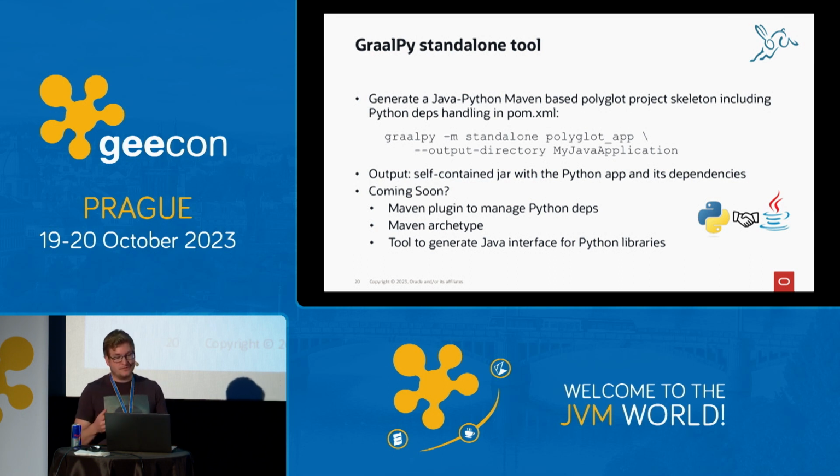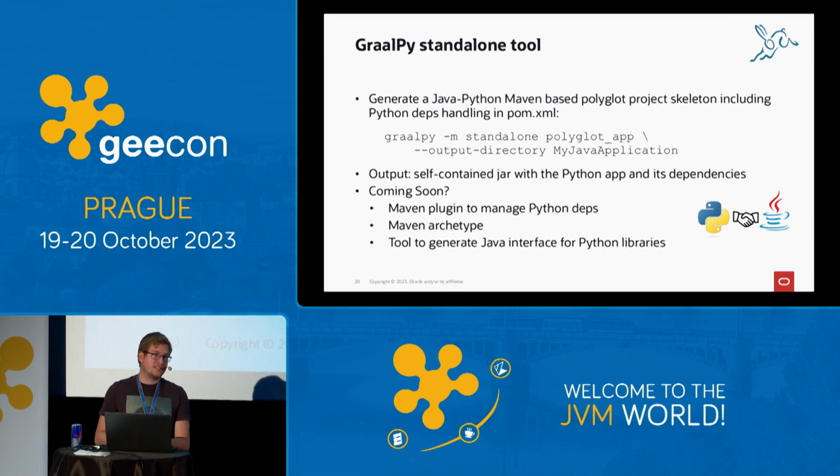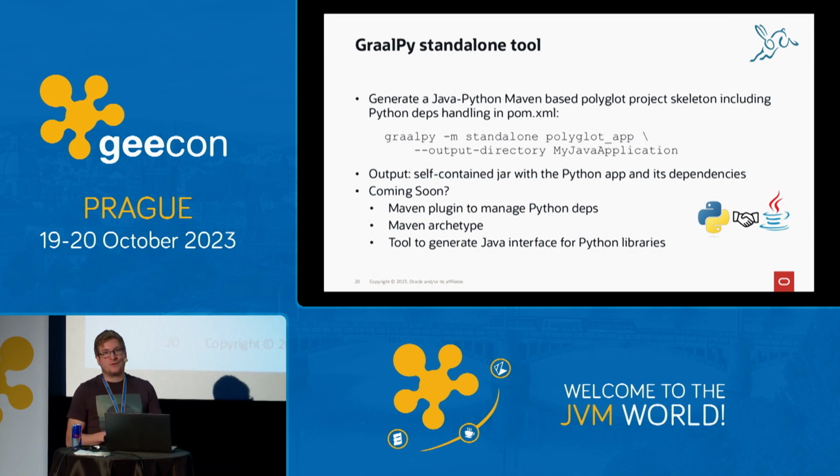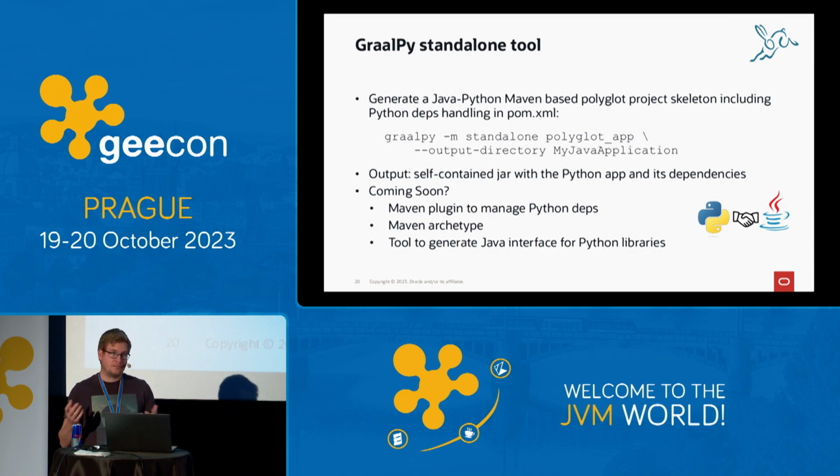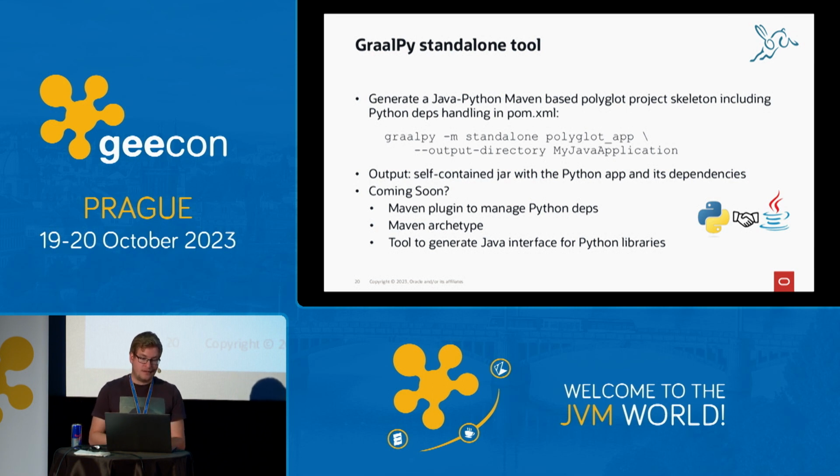So what you get out of this is, let's call it, a self-contained jar with the Python application and all its dependencies. So that's maybe one option for how to deploy Python applications on a server where you already have Java or GraalVM. And it can be a starting point if you want to develop an application that is leveraging GraalPy.